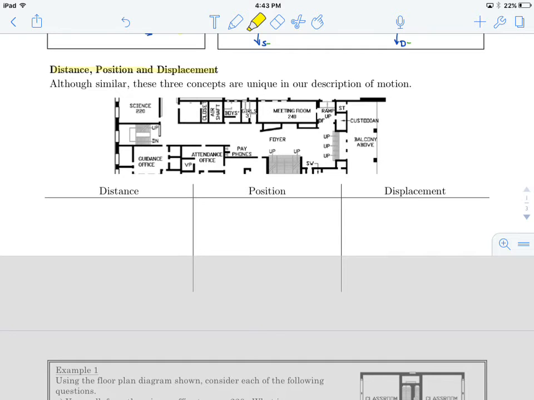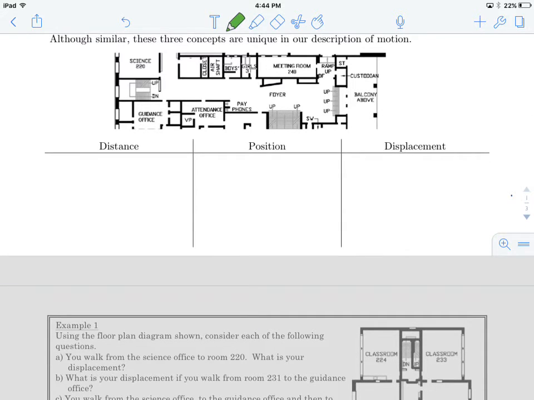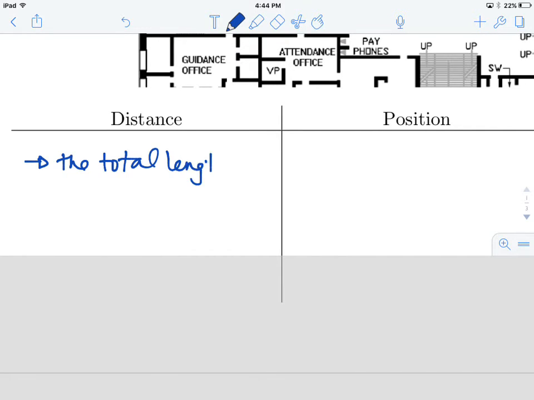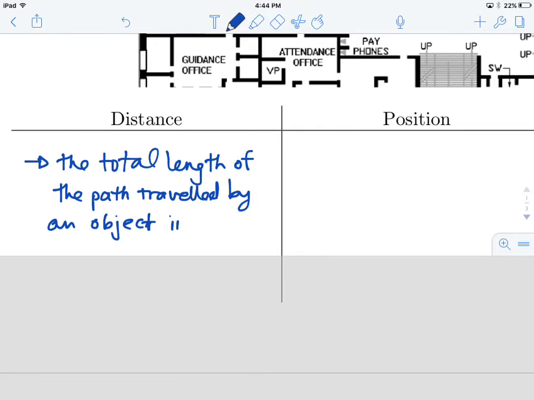For example, distance, if we're going to do a definition, is the total length of the path traveled by an object in motion.